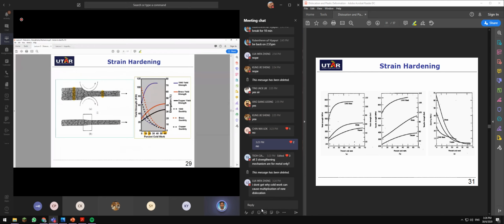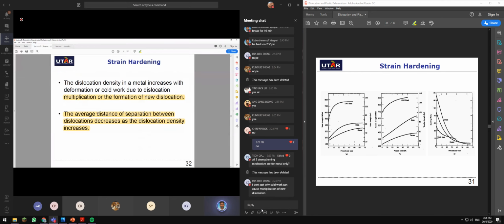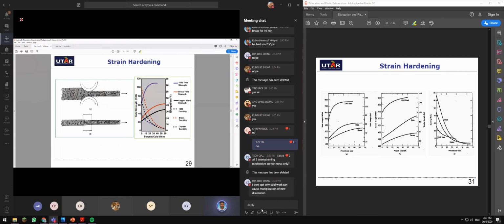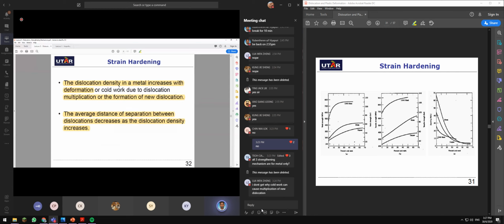The dislocation density in a material increases with deformation. You are deforming a material, and the dislocation density in a metal increases with the deformation or cold work due to dislocation multiplication, or the formation of new dislocations.